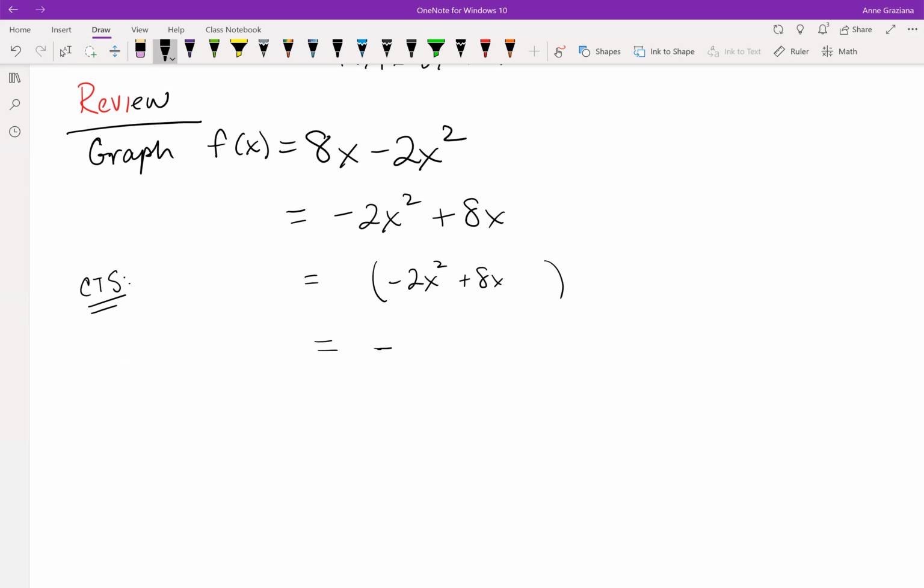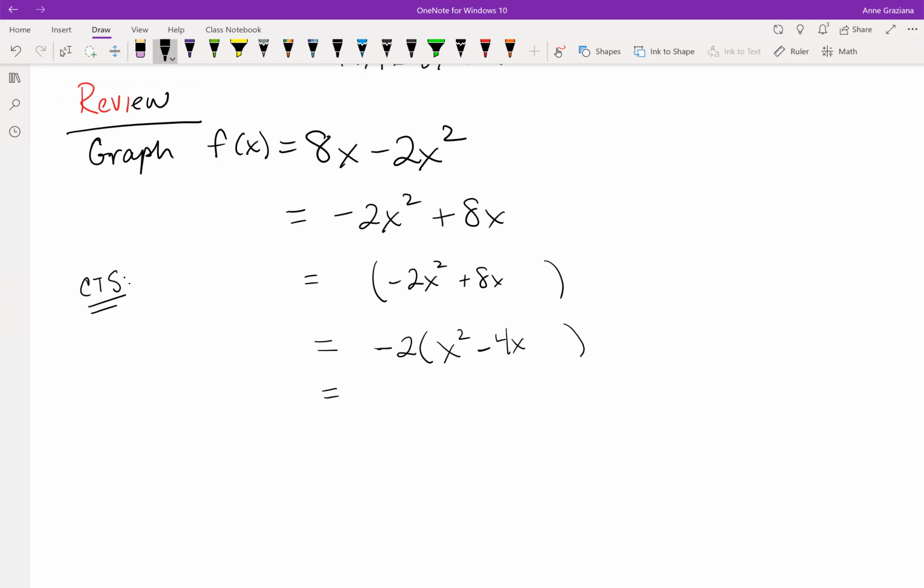I want to take out this -2, because I want a positive 1 in front of the x squared. So now on the inside of the parentheses, we have a positive 1 in there. And then I factor -2 out of positive 8x. This becomes minus 4x, right? So all I did was factor that out.